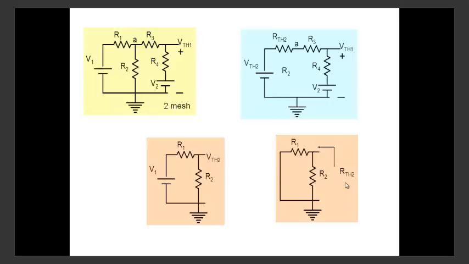So we've applied Thevenin's theorem once more. And what has happened? A two mesh problem becomes one mesh, one mesh, one mesh. Right? So what we are saying is the following. Every time you apply Thevenin's theorem to a circuit, if n is the number of meshes, effectively what you have to solve in the new circuit is a circuit with n minus one meshes. You reduce the mesh by one. A two mesh problem is effectively reduced to a one mesh problem.